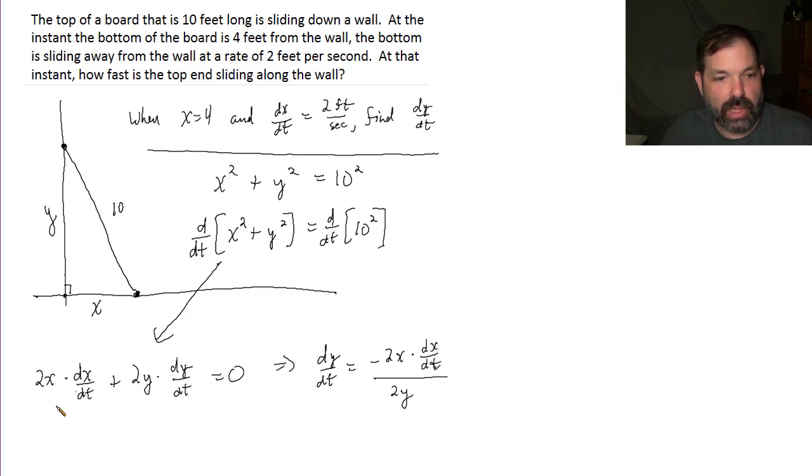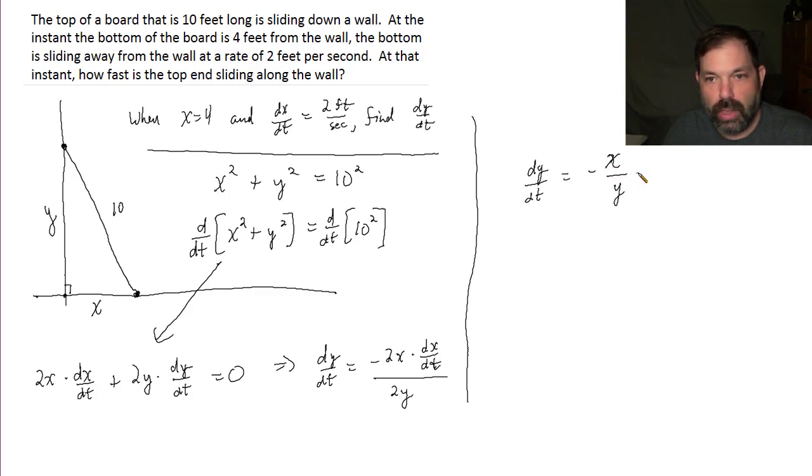So I moved the 2x dx/dt term over by subtraction, and I divided by 2y. And we can simplify that. So dy/dt is equal to negative x over y times dx/dt.